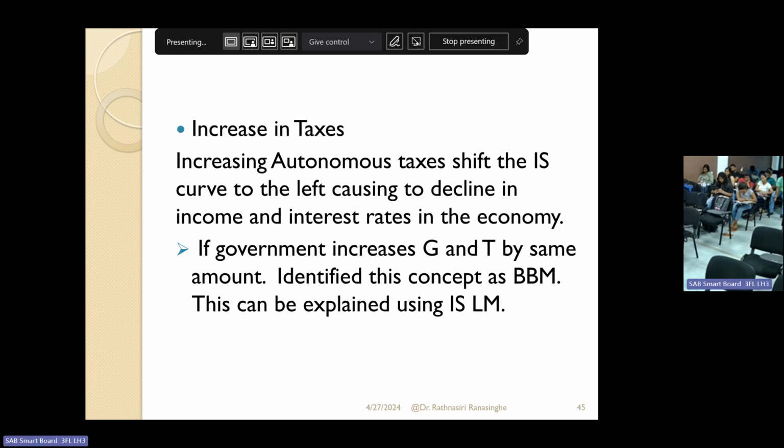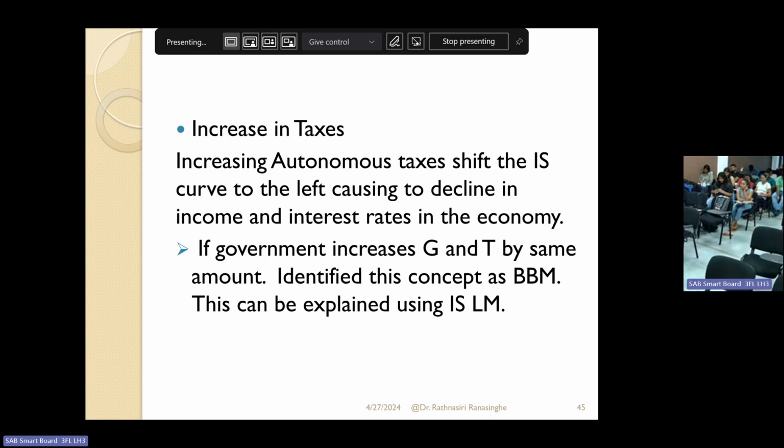We know that the tax multiplier is less than the expenditure multiplier. If we say MPC is 0.8, then our consumption function is 100 plus 0.8 YD.